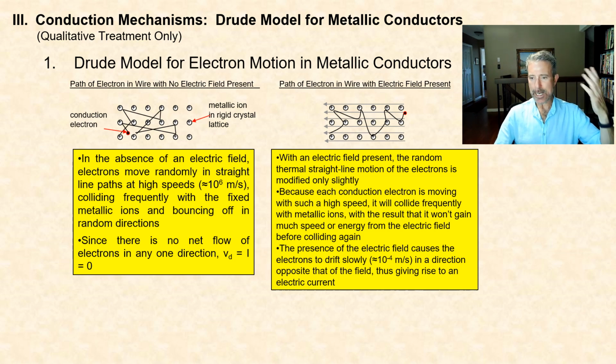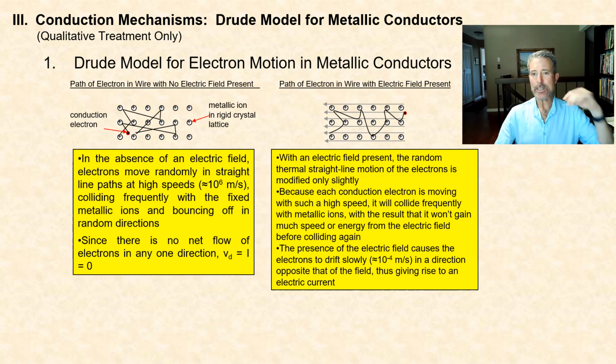So you need to see in this model, there's really two types of motion that we're talking about when we talk about electron motion. There is the random thermal straight line motion, which is quite fast, where the velocity of these electrons is continually changing direction because of their frequent collisions with the metallic nuclei.